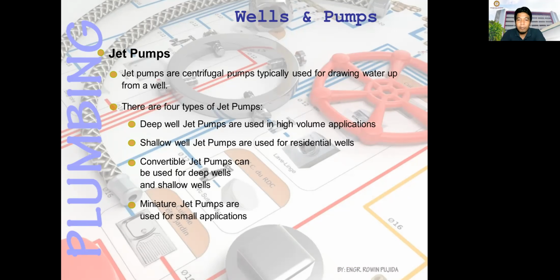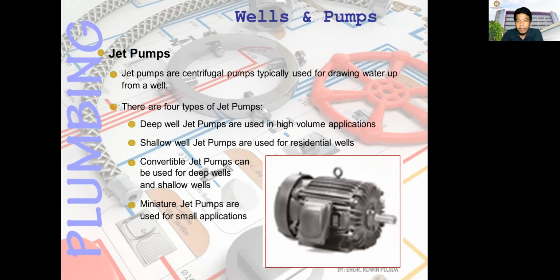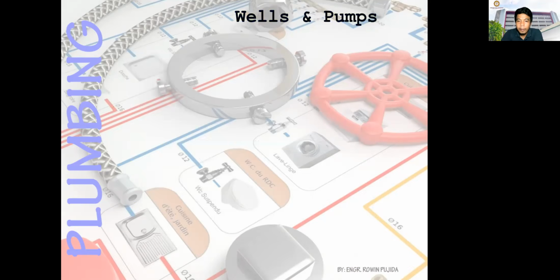Shallow well jet pumps are used for residential dwellings. Convertible jet pumps can be used for deep wells and shallow wells. And miniature jet pumps are used for small applications. So these are the types of jet pumps.